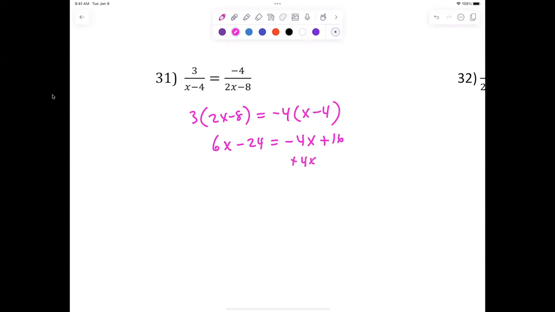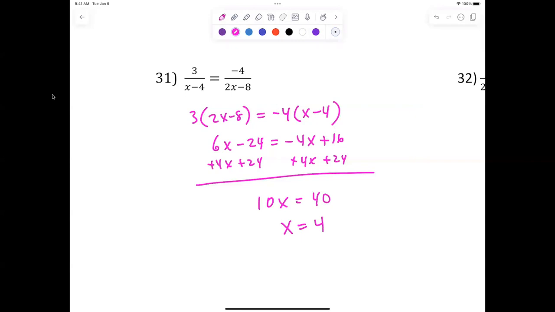Adding 4x. Adding 24. 10x equals 40. Do we agree with that? X equals 4.